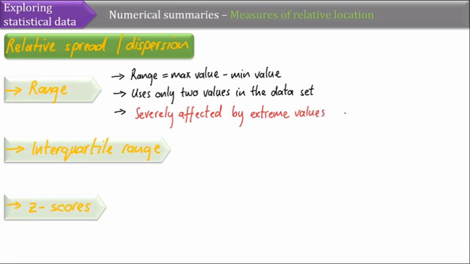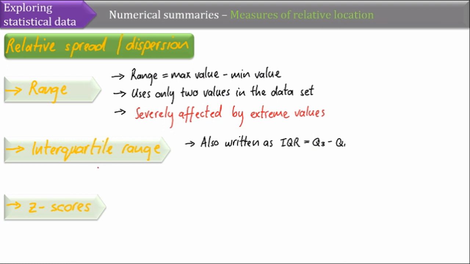So we can say that the range is not robust. It is easily affected by extreme values. The interquartile range, that's a new one, but think of range as taking a large value and subtracting a small one.